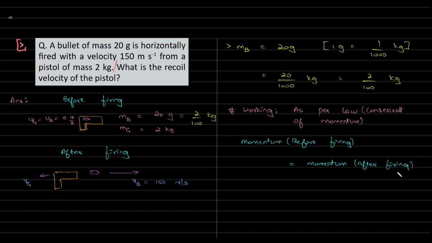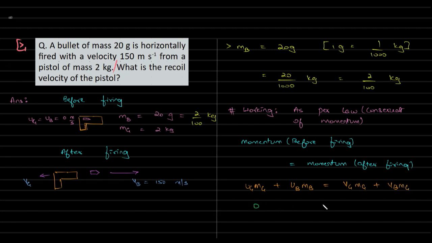Does that make sense? What is the momentum over here? It's basically 0, but yes, we need to write it. There are two things that we are considering: the gun's momentum and the bullet's momentum. So UB MB plus UG MG is equal to VG MG plus VB MB. And now we need to substitute things.